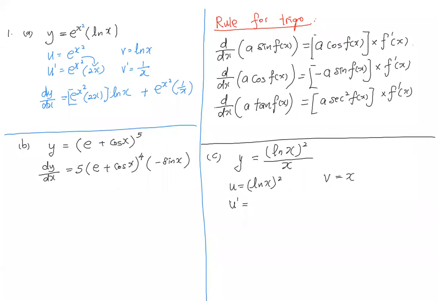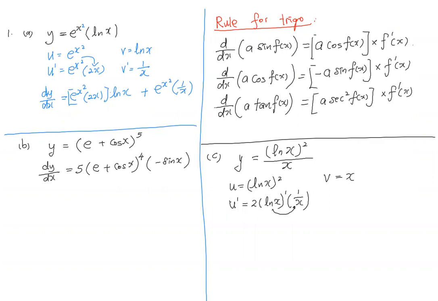Nafis, can you tell me what is the u prime? 2 ln x, copy down the whole thing, and the derivative of ln x is? Cairo, Nafis? For ln, oh yeah, 1 over x.